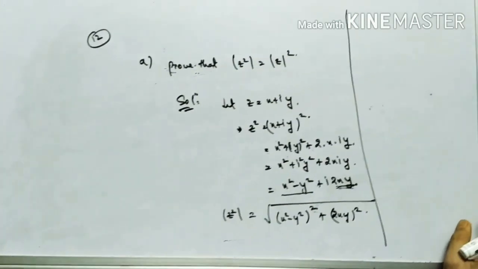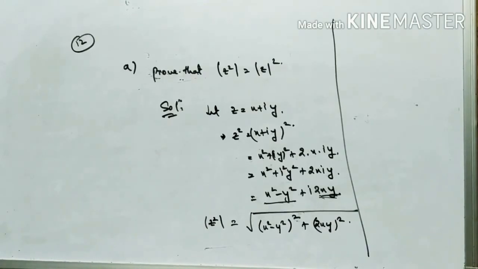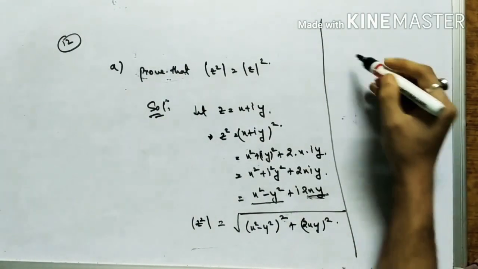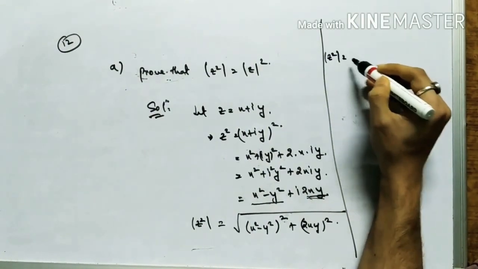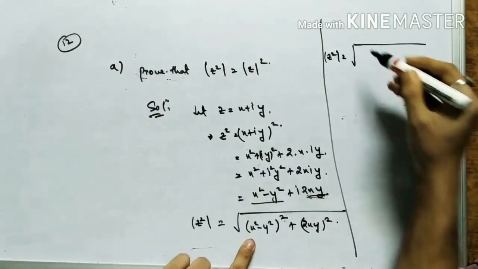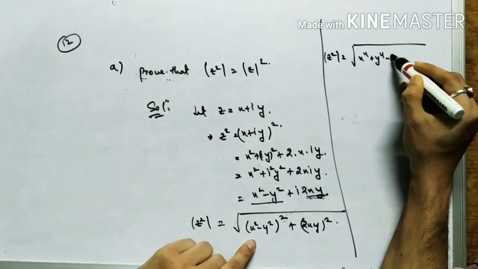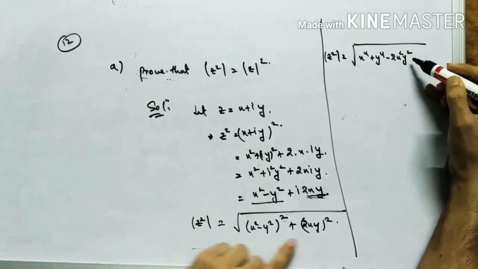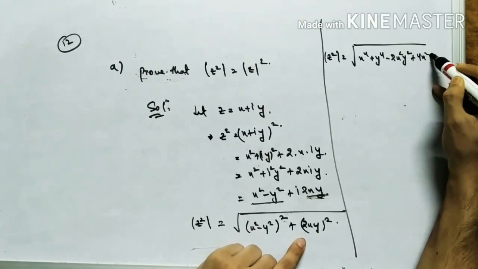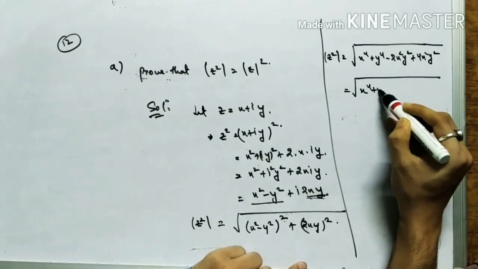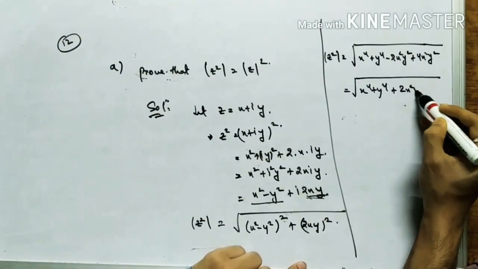If I expand it, I get x4 plus y4 minus 2x square y square plus 4x square y square, which is root over x4 plus y4 plus 2x square y square.